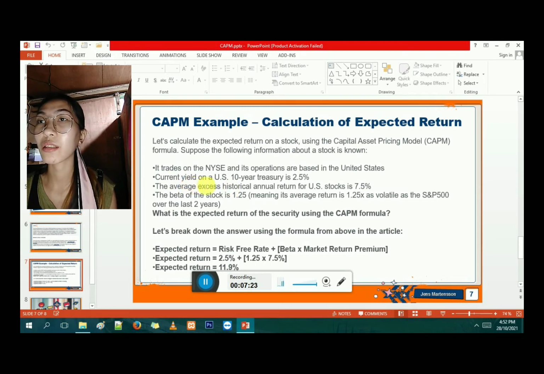The current yield on a US 10-year treasury is the risk-free rate, so we will put this here.